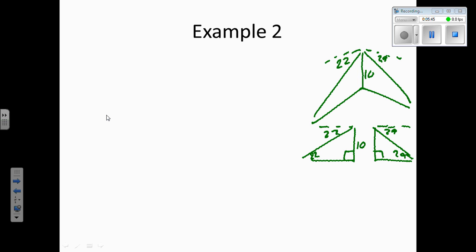Due to parallel lines, I know that the angle in there is going to be 29. So, the tan ratio I could set up.